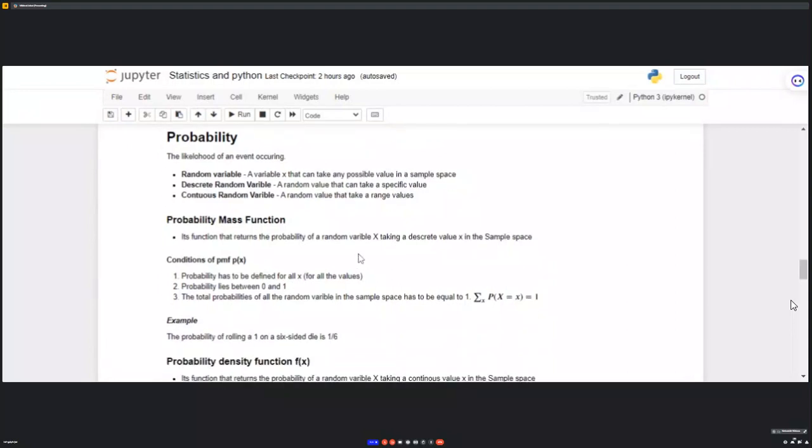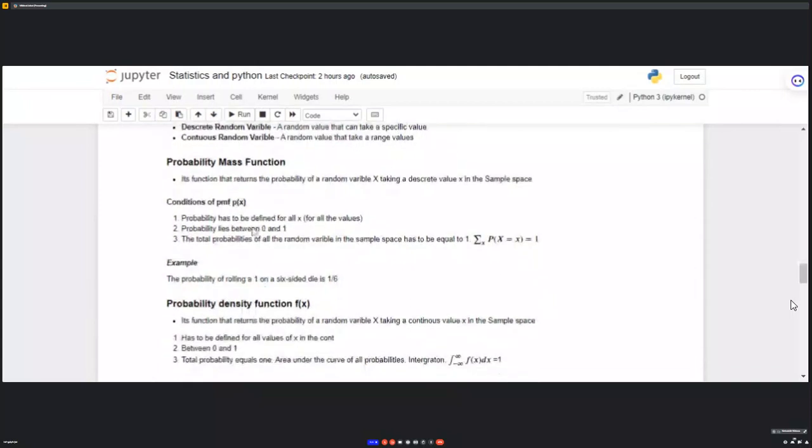So when we are calculating the probability, that's when we talk about the probability mass function. The probability mass function is simply a function that returns the probability of a random variable which is discrete. So if you're calculating the probability of a discrete random variable, that's when you use the probability mass function.